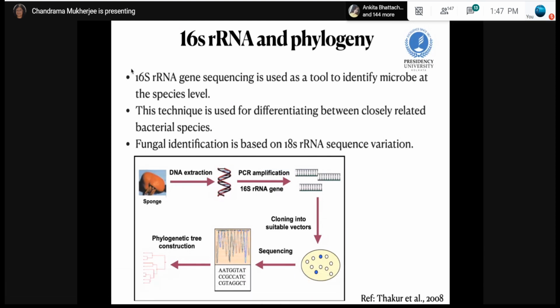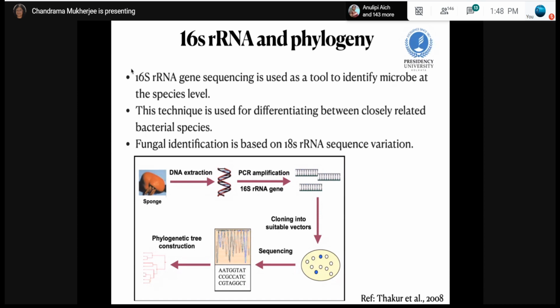This gene has been selected as a marker gene for phylogenetic analysis, and taking advantage of the variation within 16S rRNA gene sequences of different bacterial species has driven a revolution in our knowledge of bacterial ecology over the last decade.